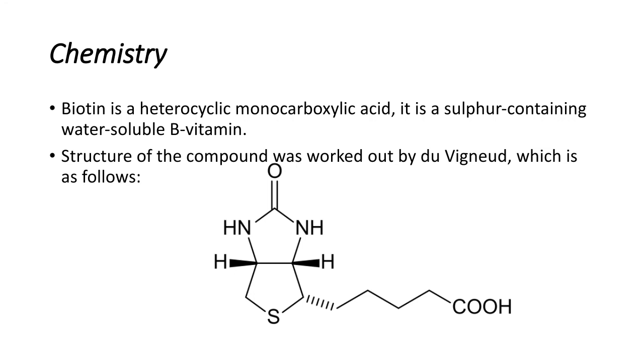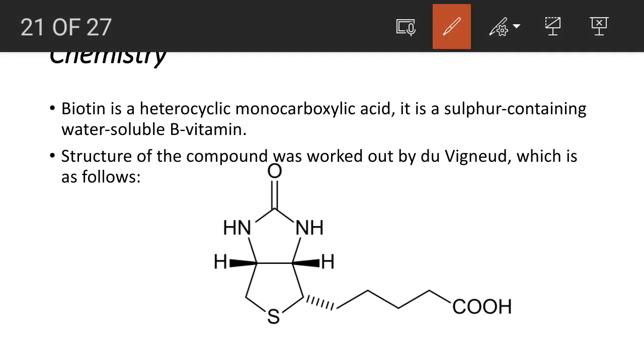So let's get started. Biotin is a heterocyclic monocarboxylic acid. It is a sulfur containing water soluble B vitamin. This is the most important part of it: there is presence of sulfur in vitamin B7 or biotin.